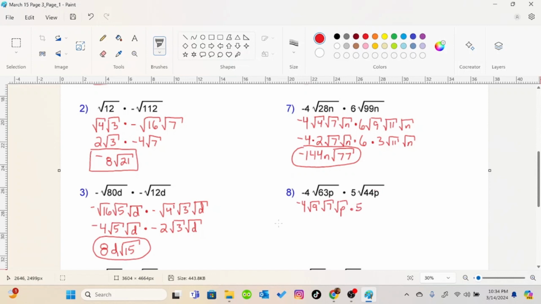And the square root of 44p can be rewritten as the square root of 4 times the square root of 11 times the square root of p. The square root of 9 is 3.